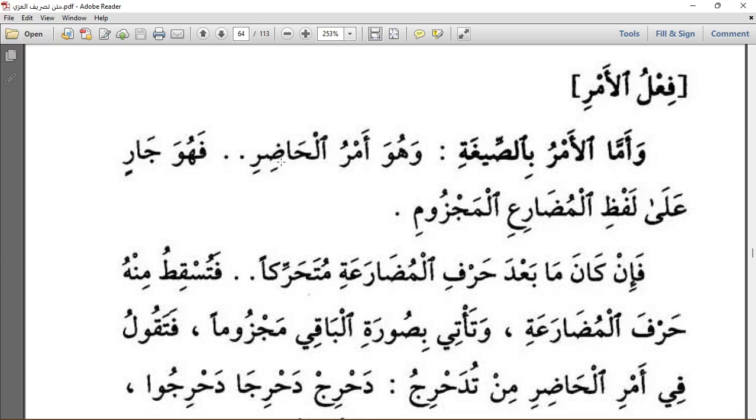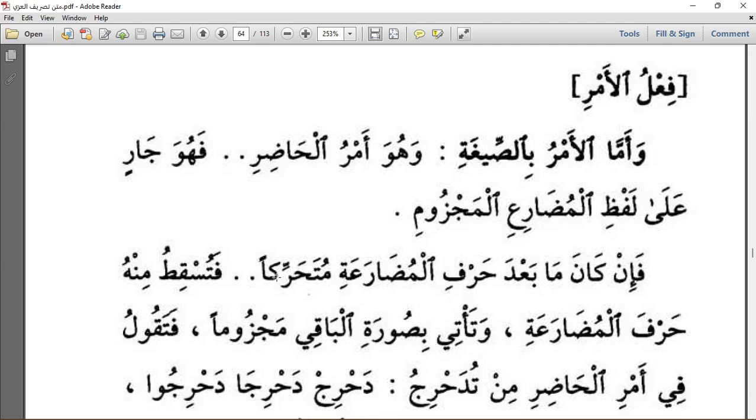So فإن كان ما بعد حرف المضارعة متحركا, if what you have after the harful mudara, the first letter, for example, we have kataba, yaktubu. If what you have after it is mutaharrikan, has haroka, like the one I used earlier, qatala, yuqatilu, the qaf has haraka.